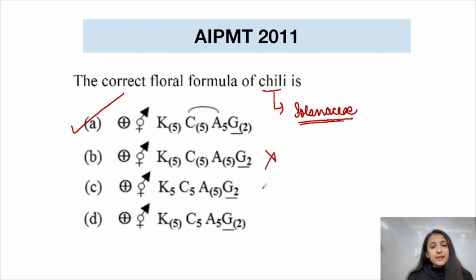Options B, C and D are incorrect because not even the epipetalous condition is being shown here, and other things are also wrong. Here the stamens are shown fused with each other, which is incorrect. Here the calyx and the corolla are not shown as fused, because in Solanaceae family members, the sepals are fused with each other and petals are fused with each other, but that condition is not shown by brackets.